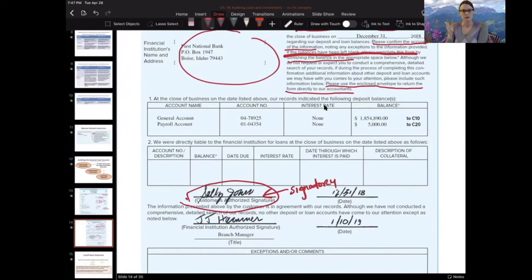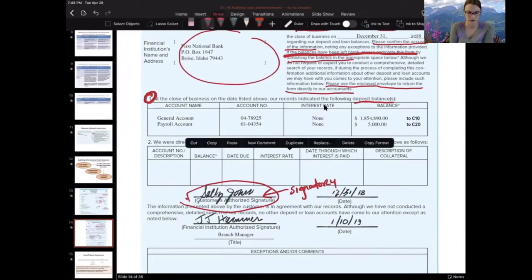Basically what we do is we have the client fill out this form, then they need to give it back to us so we can send it directly to the bank. Then the bank is able to fill it out and send it back directly to us. So this first section here contains deposit balances, and you'll notice it has both a general account and a payroll account.